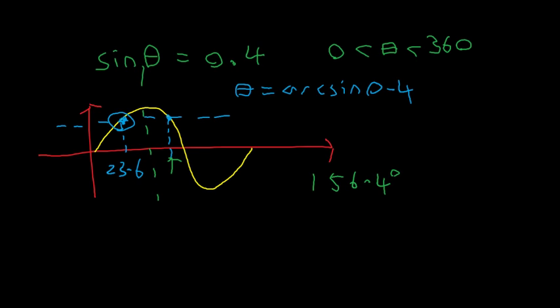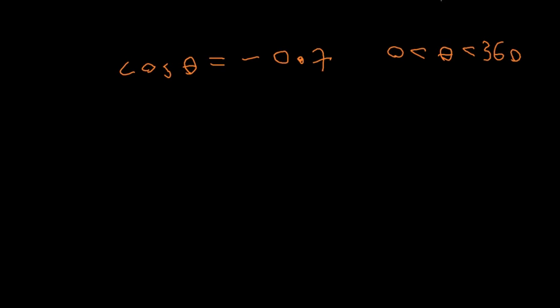Okay, let's have another example. Let's do cos this time. Let's say cos of theta is minus 0.7, and we'll have the same range as before. Okay, so let's sketch the graph in this range.